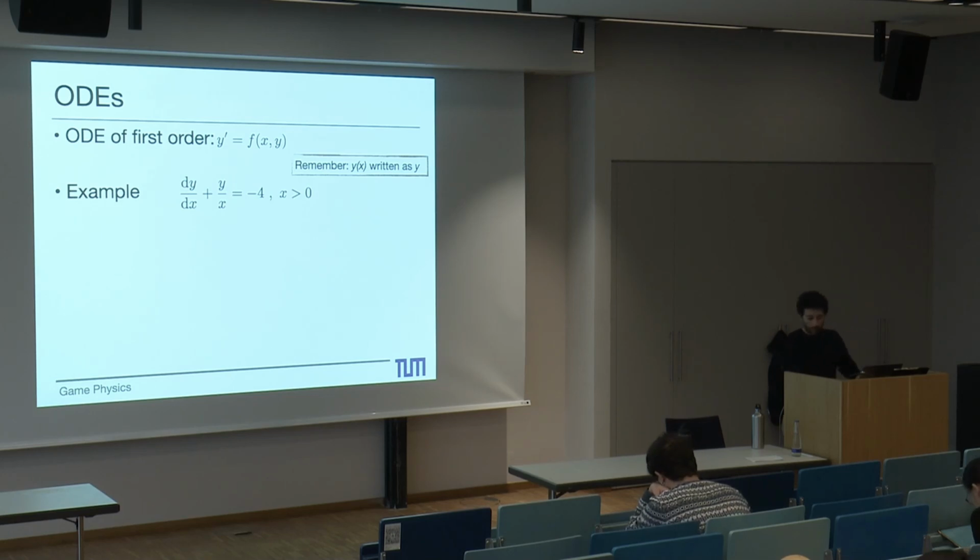In this case, as you can see, we have this term, which represents y prime, and we can rewrite this as y prime equals yx minus yx minus 4, and that is valid for x greater than 0.